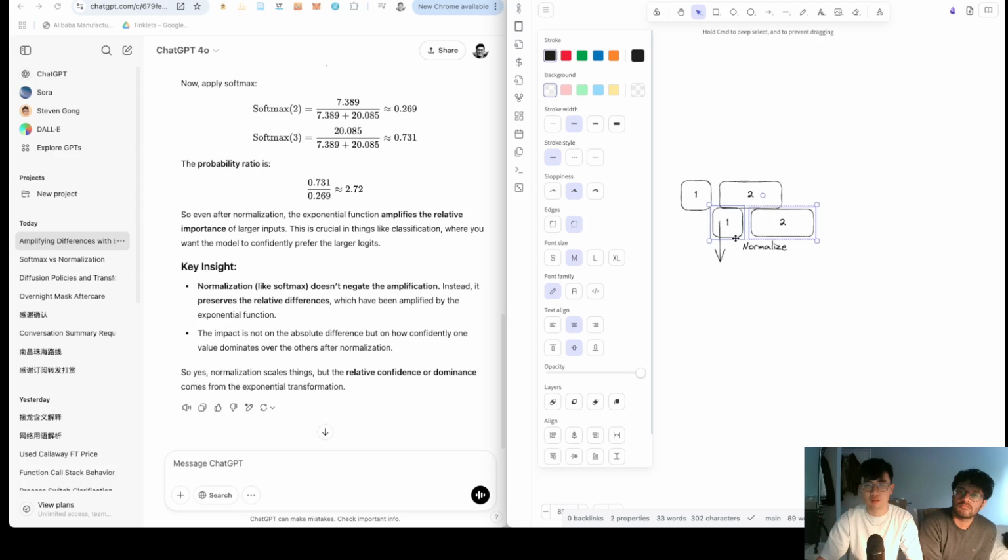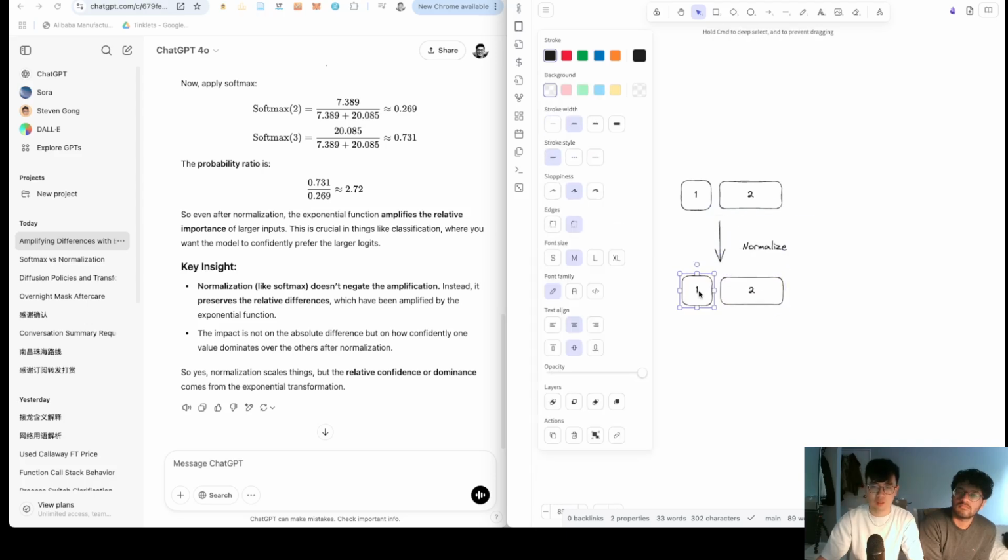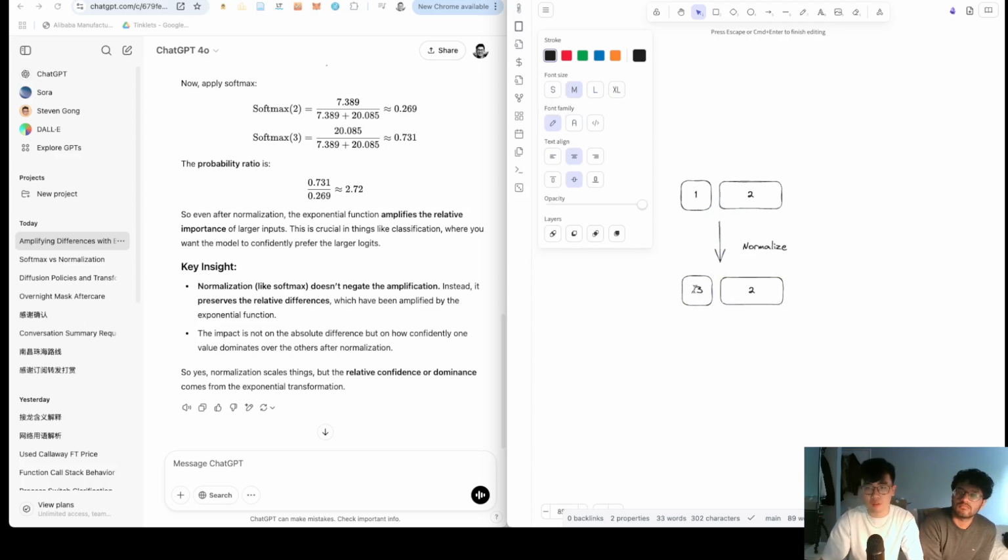You get 1/3 and you get 2/3. And then the distance, like this is 3, right?